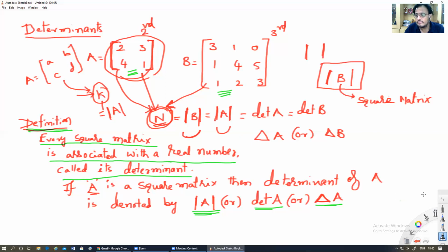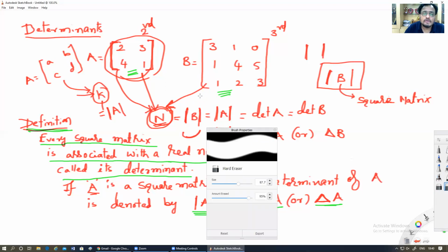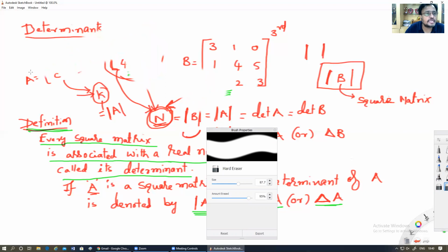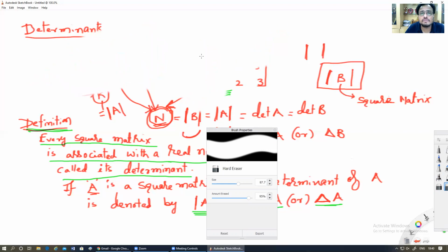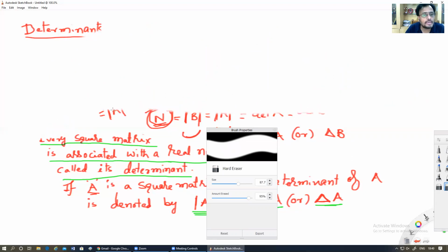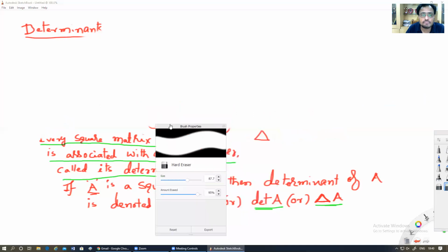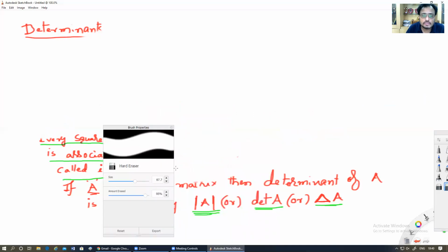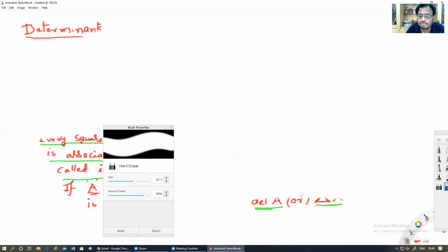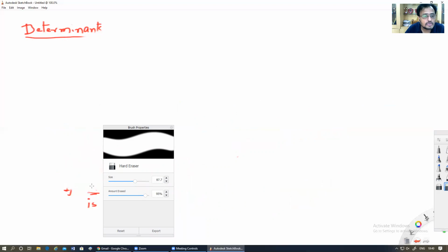Now, dear students, we need to understand one more fundamental definition: the determinant of a second order matrix and the determinant of a third order matrix. Today in this session, I'll be clearing the doubts about the second order determinant, how to evaluate, how to find the determinant of a second order matrix, or 2 by 2 order matrix.